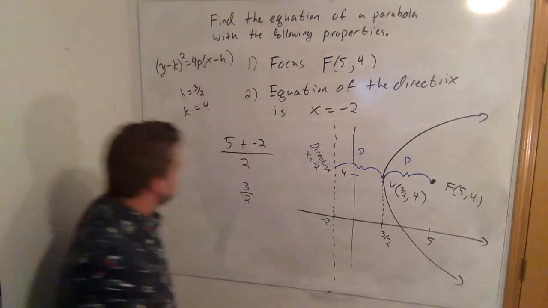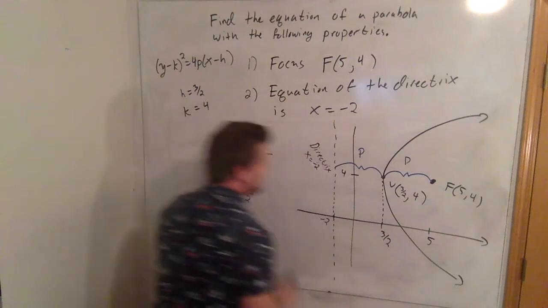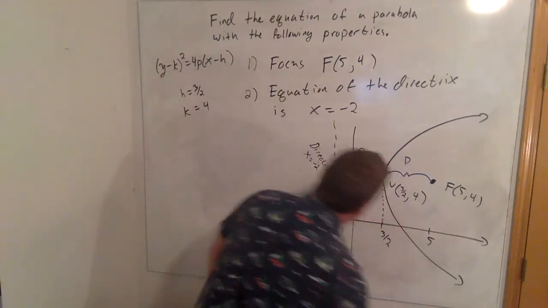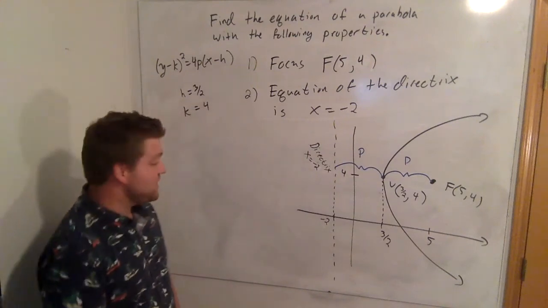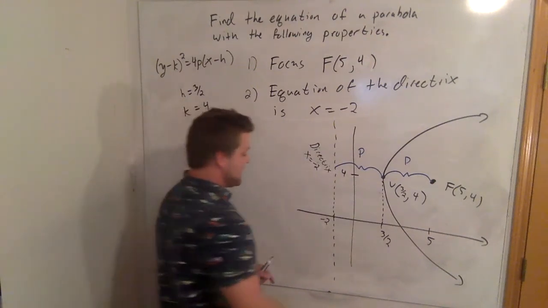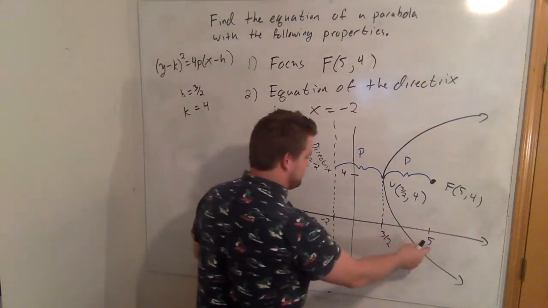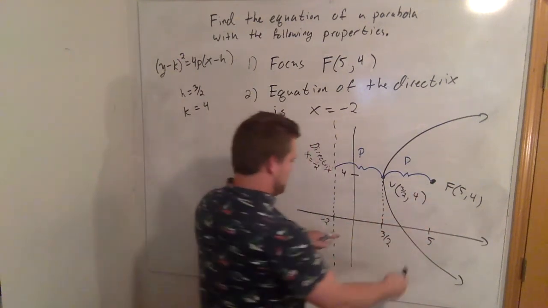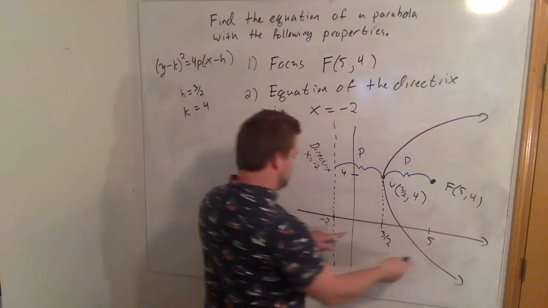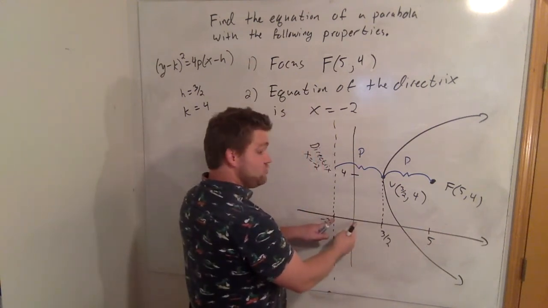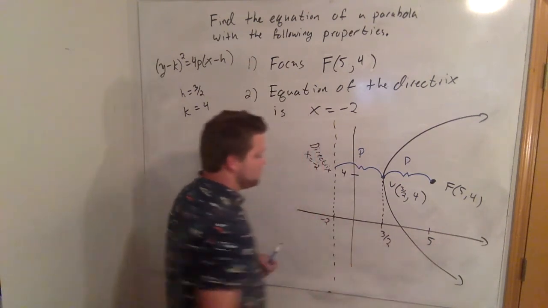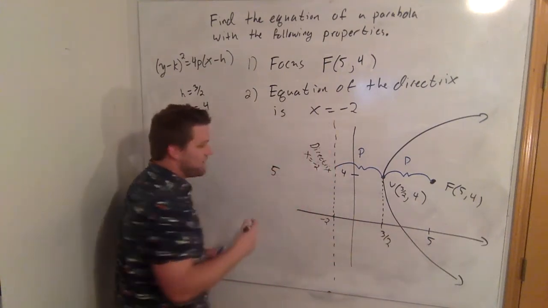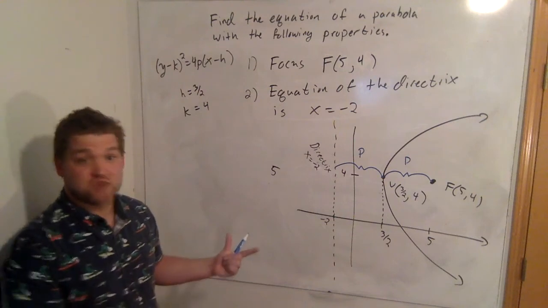Now let's try to figure out what p is going to be. There are a couple of ways we could do this. Before you found the coordinates of the vertex, you could have figured out the distance between -2 and 5. We could have counted: from here to here is 5 units, from here to here is 2 units, so this is a total of 7 units. Or you could have taken the number 5. When you find the distance between two numbers, you subtract.